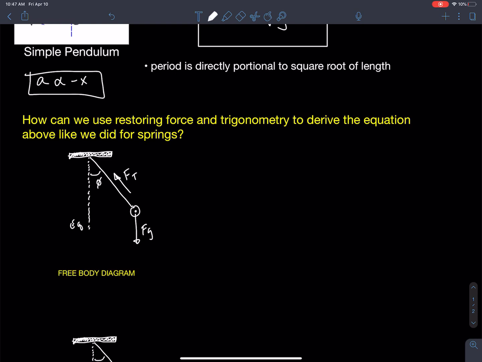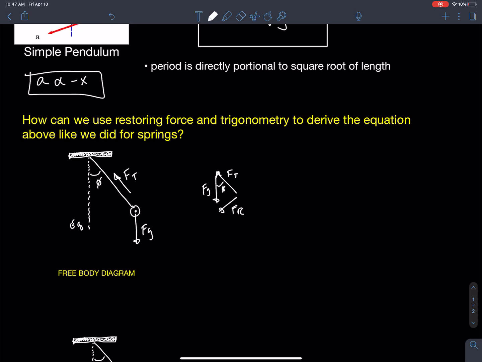And like I said, if I draw a vector diagram, the force of tension is here, the force of gravity is here, and then that restoring force is going to be right over there. And that is my angle that is written in the diagram. So this is going to be my free body diagram or my vector diagram.